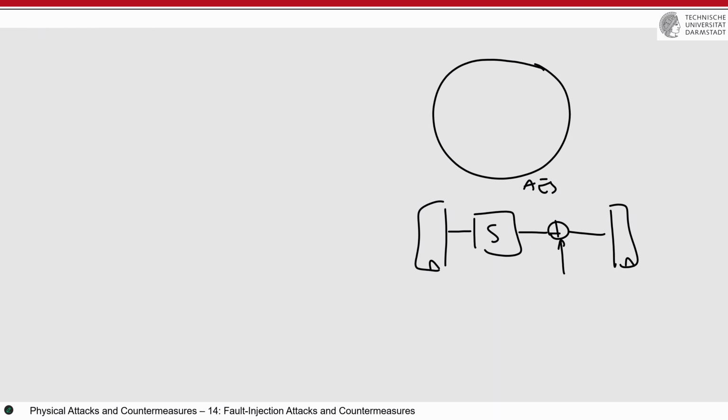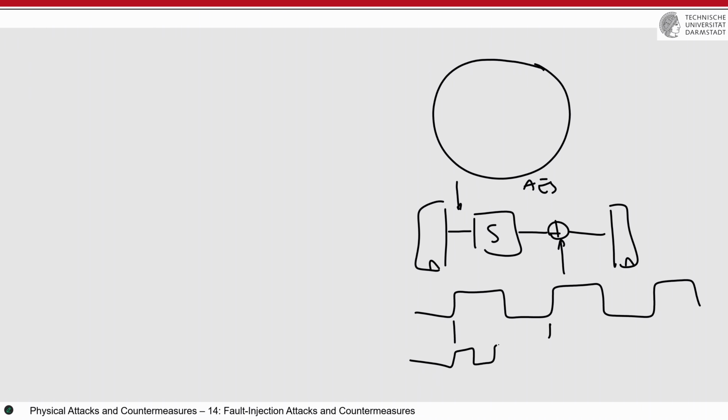that there is a register. But then if you have a clock glitch from here to here, then you change it to this.